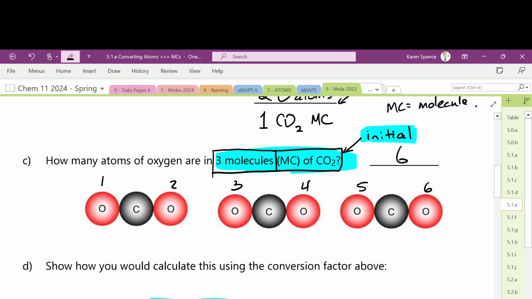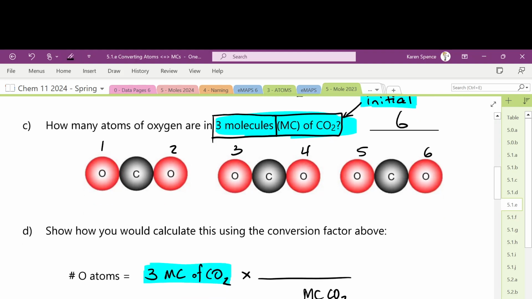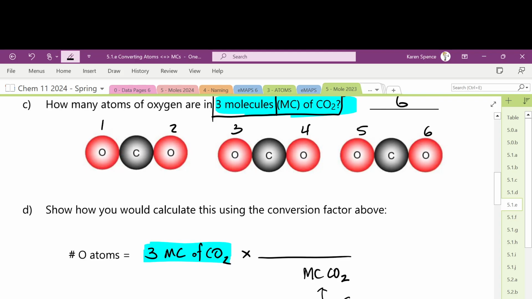Molecules of CO2. You don't have to write the of, you can just write molecules CO2. It's also fine to write CO2 molecules. It's the same thing, it doesn't matter which way around. So for every 1 CO2 molecule, we have 2 oxygen atoms. And our molecules of CO2 cancel out, and we end up with 6 O atoms.